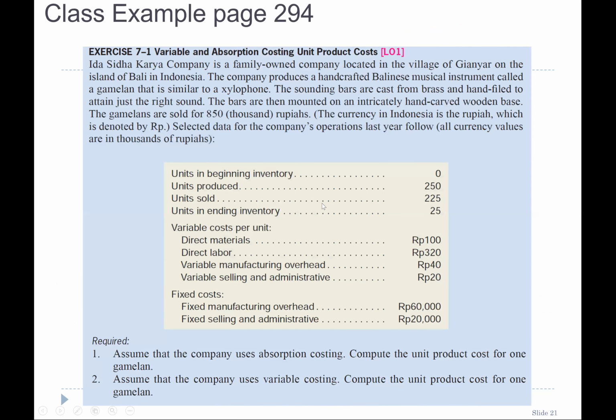Okay, so if you understand this concept, I'm going to make a breakout room. Please do calculate the absorption costing and variable costing unit product cost. Okay, so take a picture. Meanwhile, I am going to establish a breakout room.